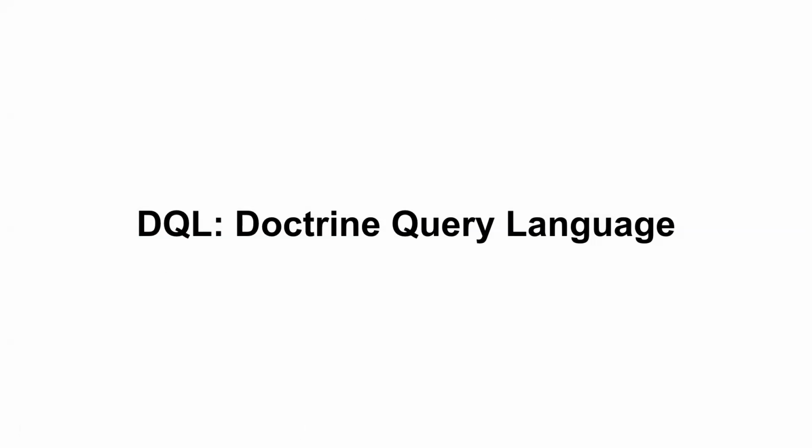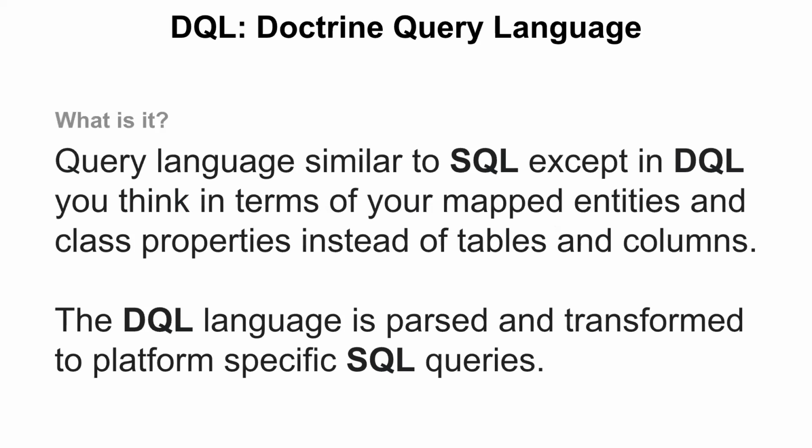So we've shown you some very basic methods that you can use to execute queries with Doctrine. There's another more advanced functionality in the Doctrine ORM called the Doctrine Query Language. This is a query language that's very similar to SQL, except in SQL, you're thinking in terms of databases, tables, and columns.